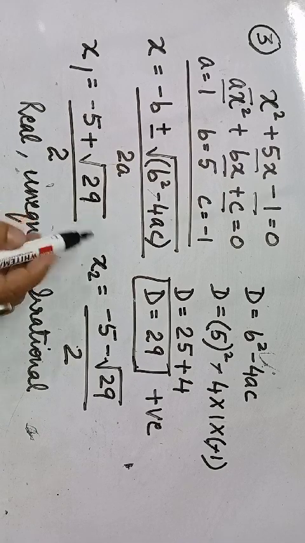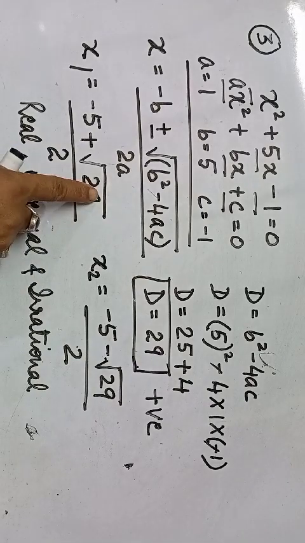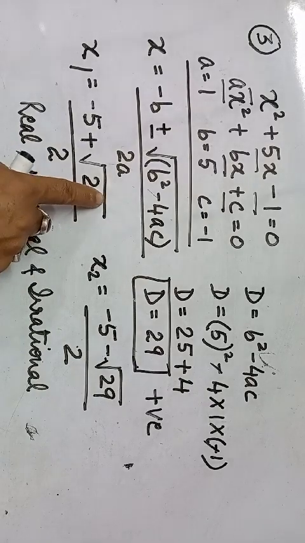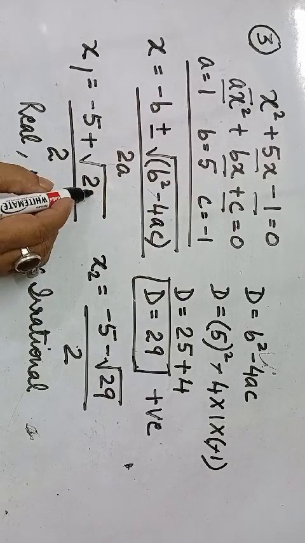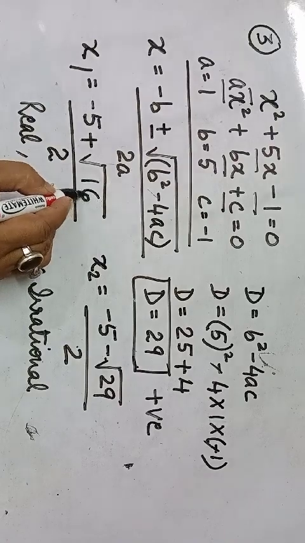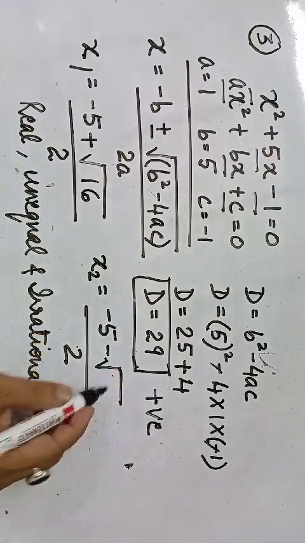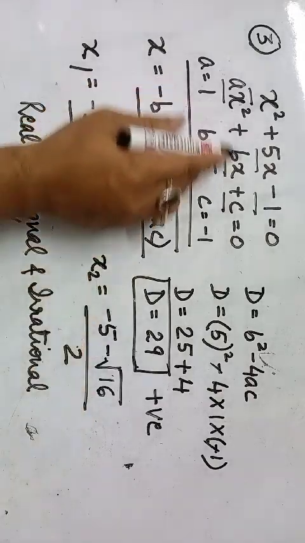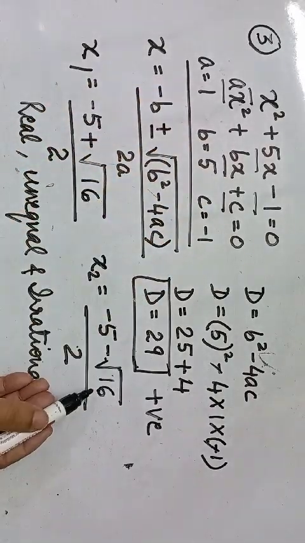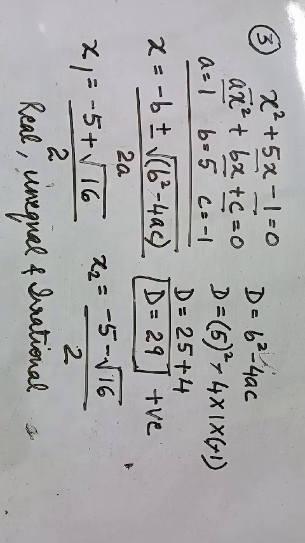Suppose that instead of 29, you had got a value, let's say 16, in the under root sign. Naturally you can have different values of a, b and c. So sometimes you may get a perfect square in the under root sign, which will give you an exact number.